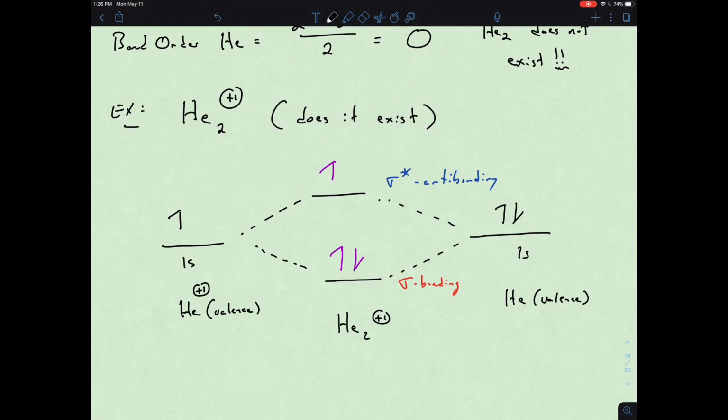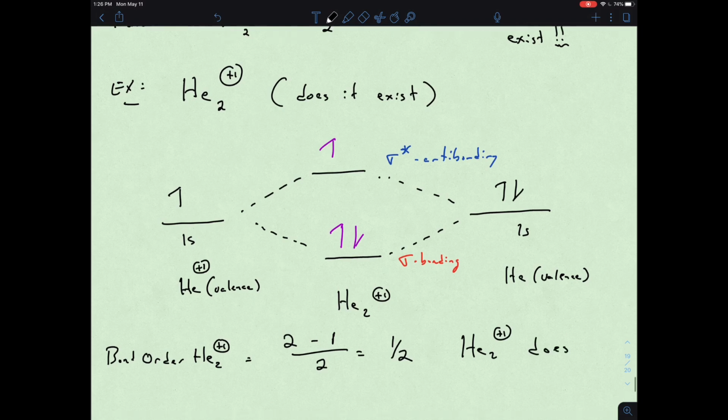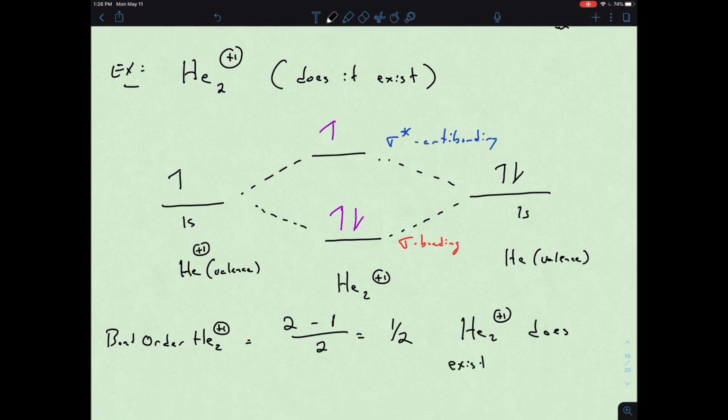If we calculate its bond order, we would have 2 electrons in the bonding, 1 electron in the antibonding, divided by 2, that would be 1/2. That means helium-2 plus 1 does exist. And it has been proven to exist as well.